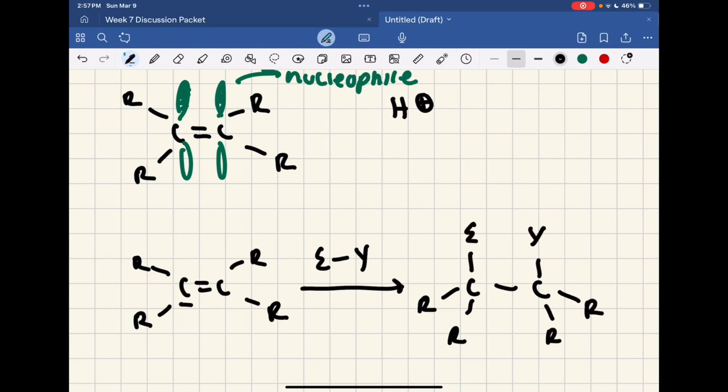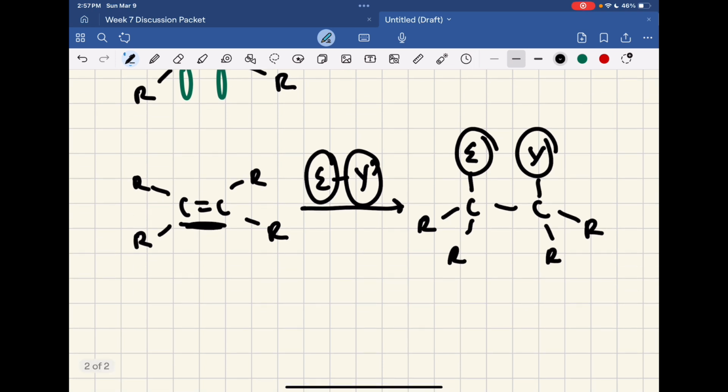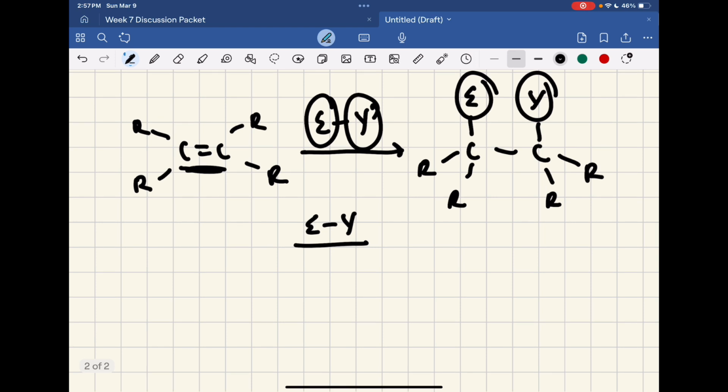So across, there are 2 carbon atoms, and notice that one fragment went to one carbon atom, the other fragment went to the other carbon atom. So examples of generic electrophiles that we'll see in reactions of alkenes are, for instance, hydrochloric acid, hydrobromic acid. We might see just a diatomic halogen like bromine.